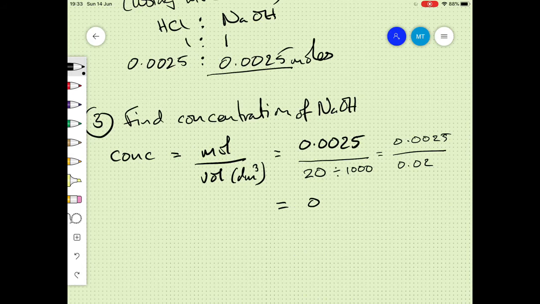So that's the concentration of sodium hydroxide for the reaction to occur. 0.125 moles. We need to put the units in, moles per decimeter cubed.